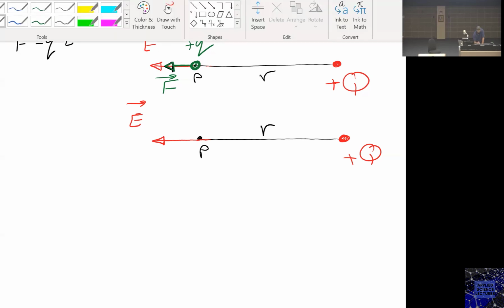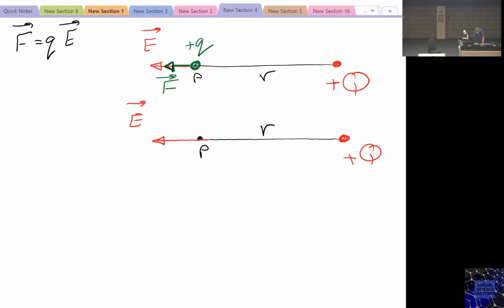Then I brought a charge, this small letter q, that is negative. Then what do you think the electric force would be pointing to? Opposite direction. Why? Because now this becomes minus q. Then the force would be pointing this way.